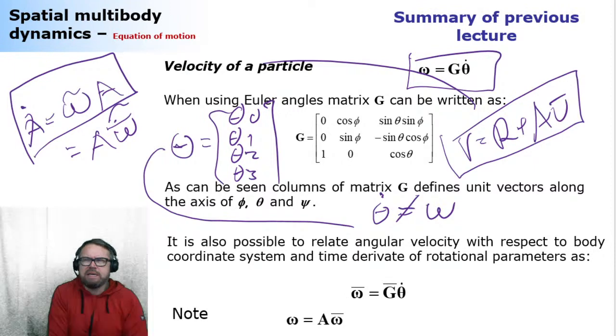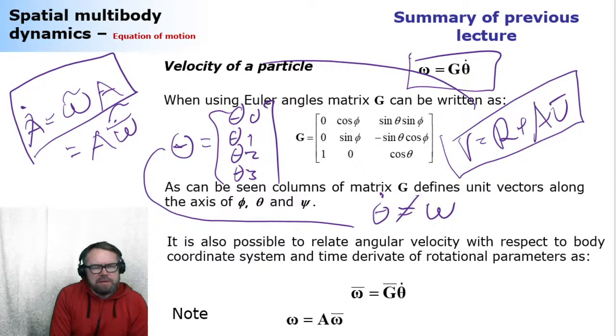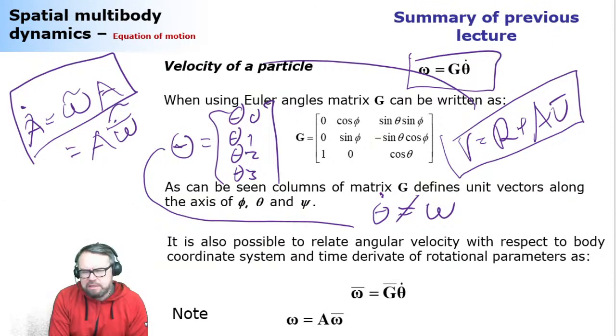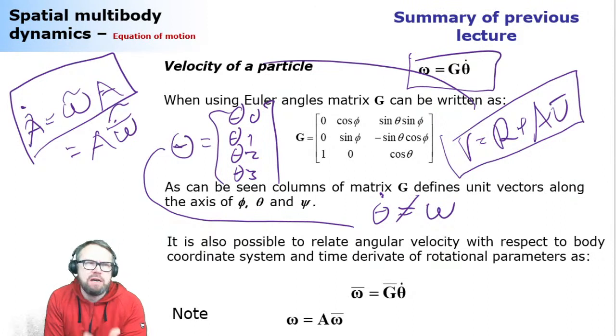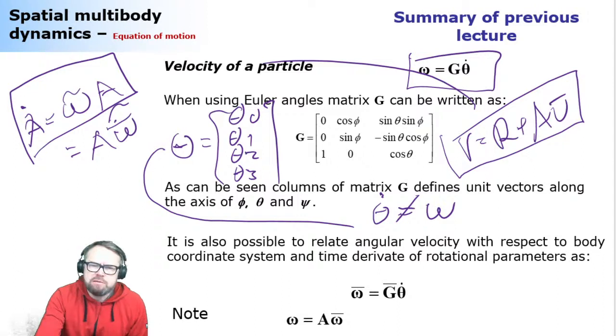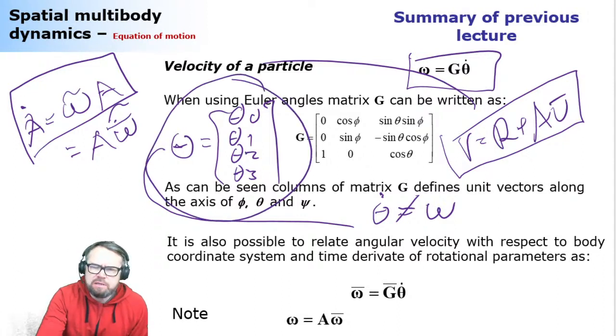I know that's a lengthy statement and maybe hard to understand. Okay, but how is this making my life different? It makes your life different because typically you want to describe your inertial properties using the body reference coordinate system, and then you want to use these rotational parameters in your computing.